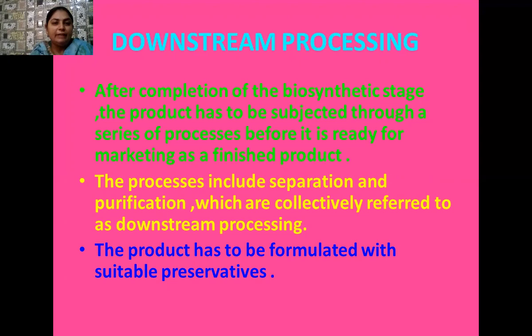Later, when we pass our desired product through all of these purification and separation techniques and obtain our purified product, we add a suitable preservative because we have to maintain our product for a longer time.